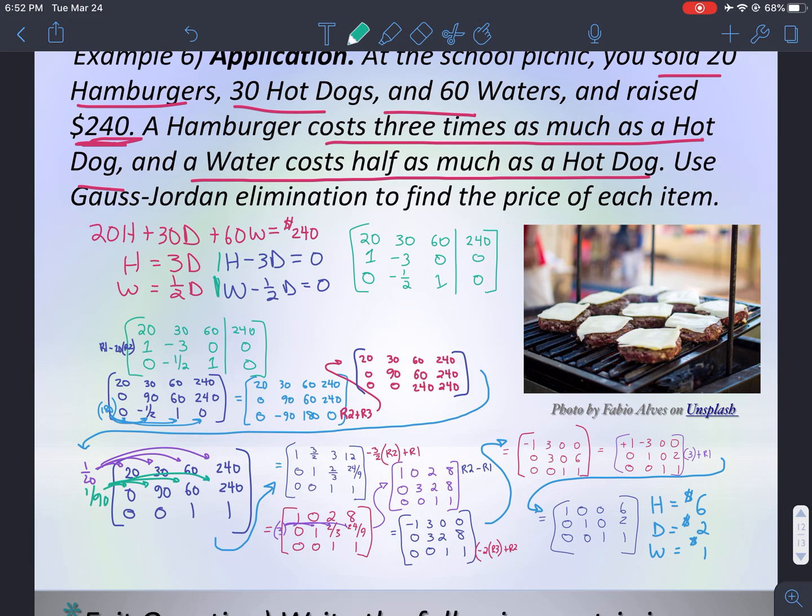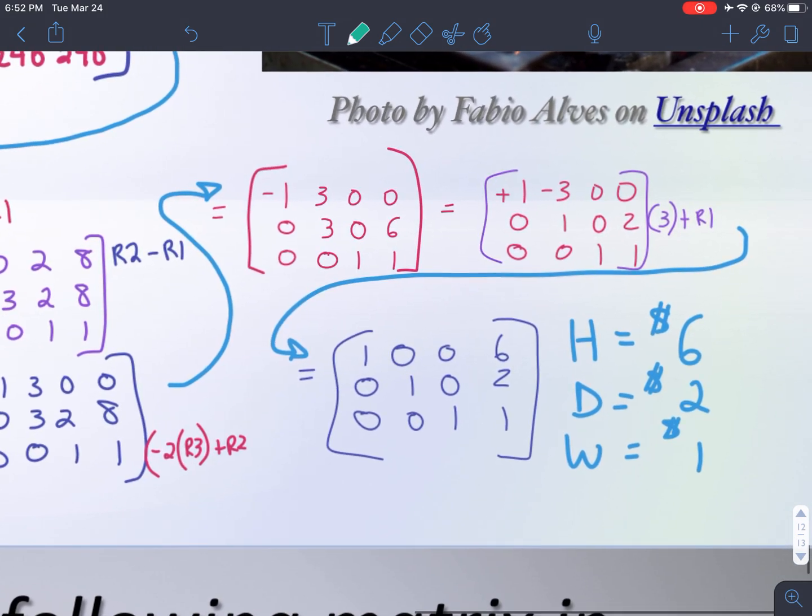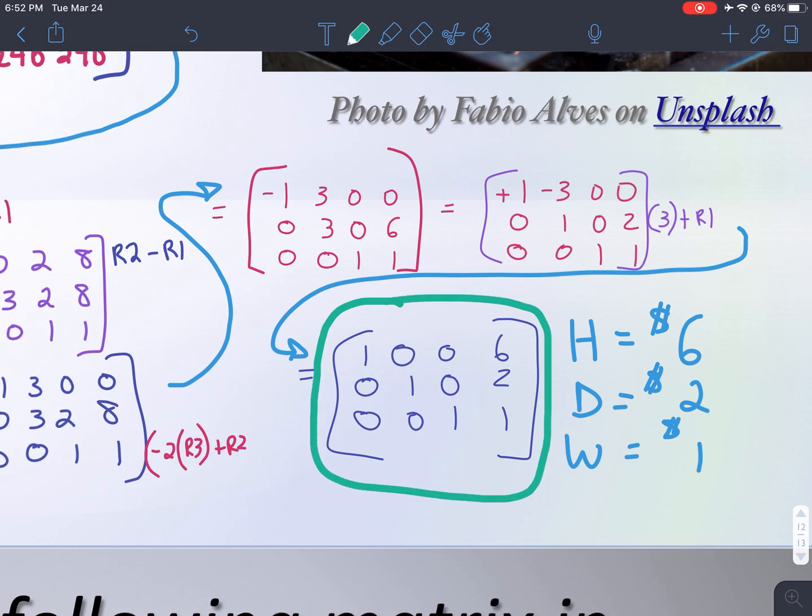You can combine some of these steps together, but I've done all of the row operations, and if you look at the bottom where the answer is, I've managed to turn the matrix into reduced echelon form. So that means H is equal to 6, the dogs are equal to 2, and the waters are equal to 1. So $6, $2, and $1.